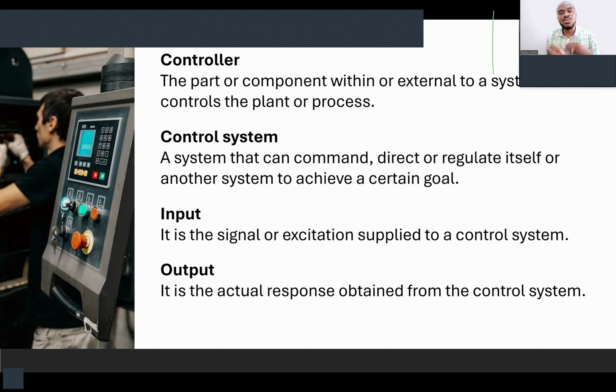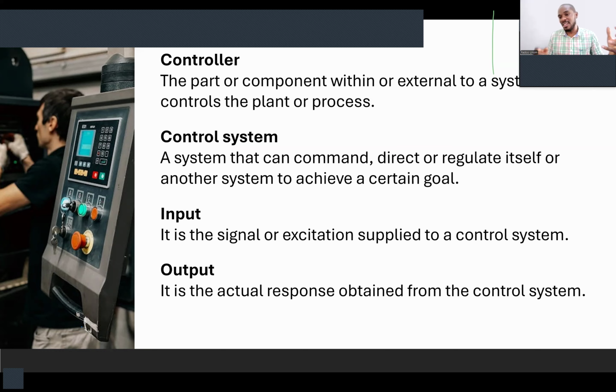So we find a way of changing a physical parameter into an electrical one. And what you find there is what we call a transducer or a sensor, a component that will convert a physical parameter to an electrical signal.